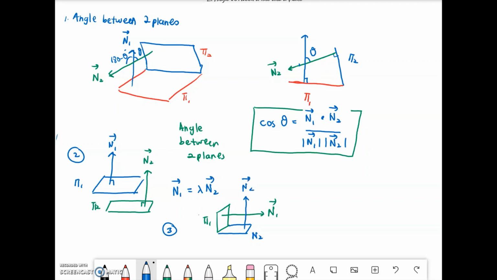In order to show that these two planes are orthogonal, it must satisfy that the dot product of normal vector 1 with normal vector 2 must equal 0. So if n1 dot n2 equals 0, it means that these two planes are orthogonal.